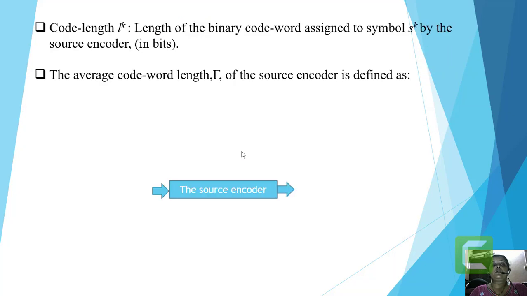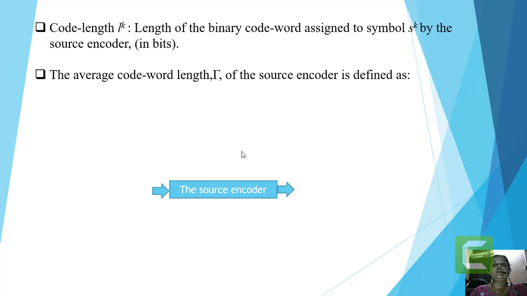Yet another term involved is code length. Code length is represented by lk, and this code length is nothing but the length of the binary code word assigned to every symbol sk, and this will be represented in terms of bits.